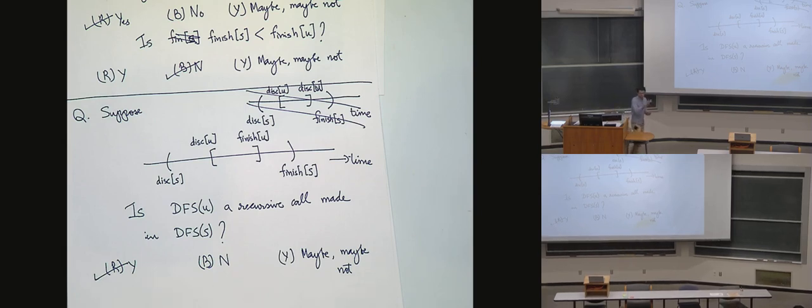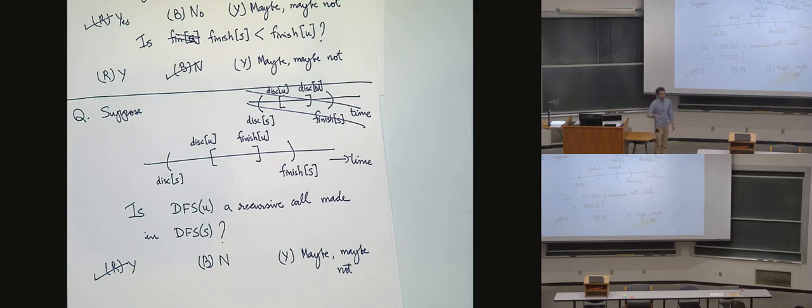Yeah, but why? Exactly. The discovery and finish of U is a subset of the discovery of S and finish of S. So that can only be possible if it's made by S, if it's made recursively, right? Think about the time: the finish time is really tracking how long it's on the stack.